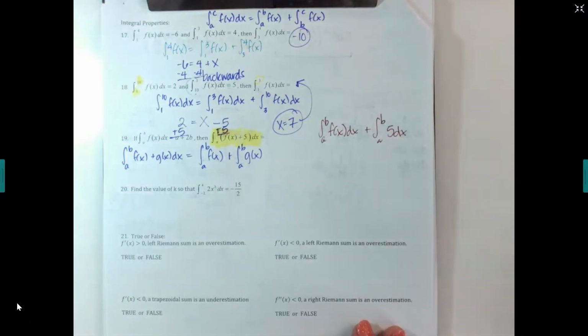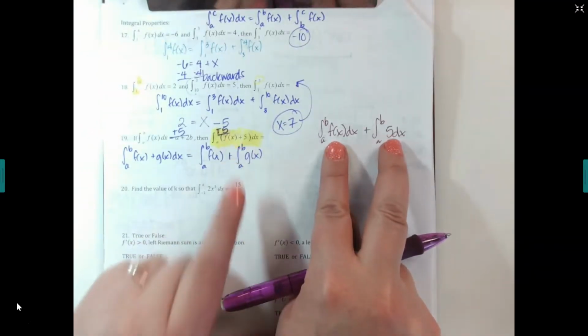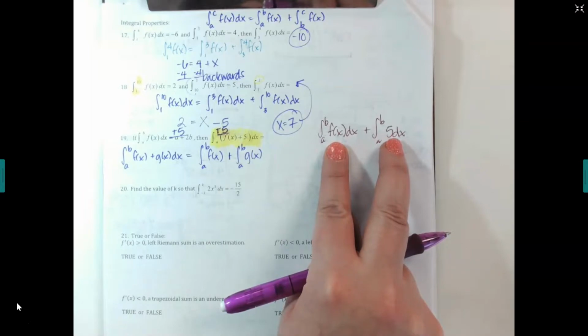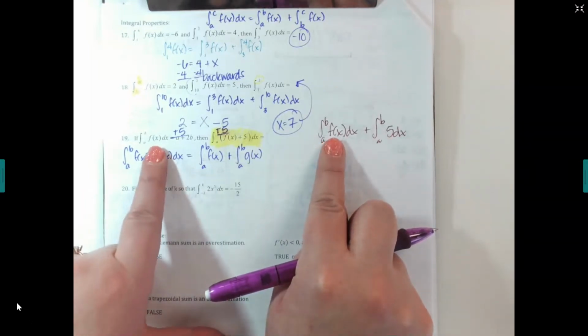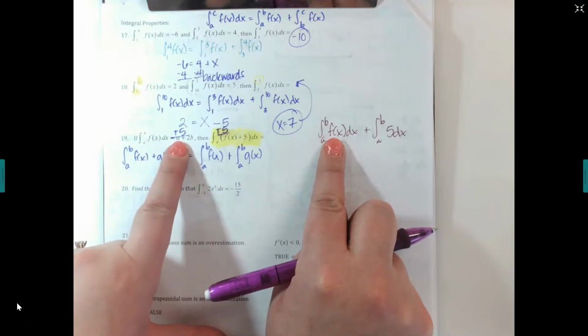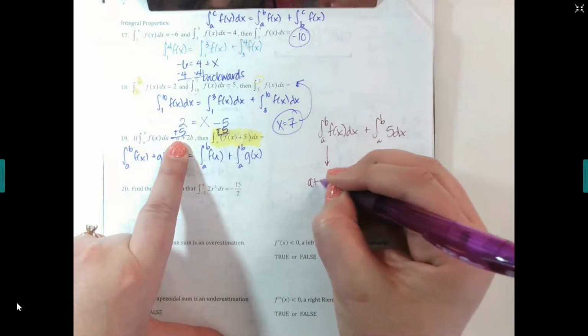Everybody good with that? Okay, if they're added in the same integral, I'm allowed to give them each their own integral. Now, why would I want to do that? Well, the integral from a to b of f of x was given to me right here. Do you see it? Yeah, they tell me that if I integrate f from a to b, I'm going to get a plus 2b. That's this answer. This answer is a plus 2b.